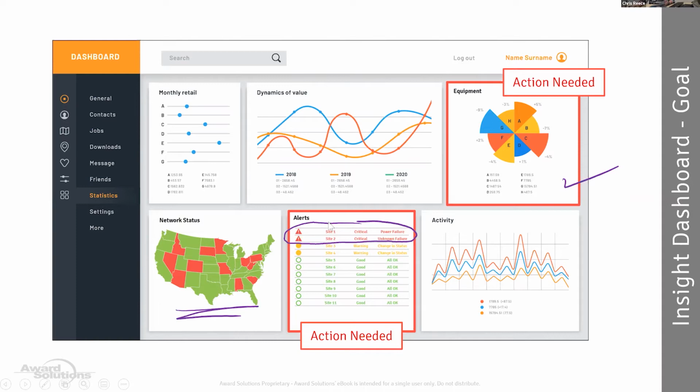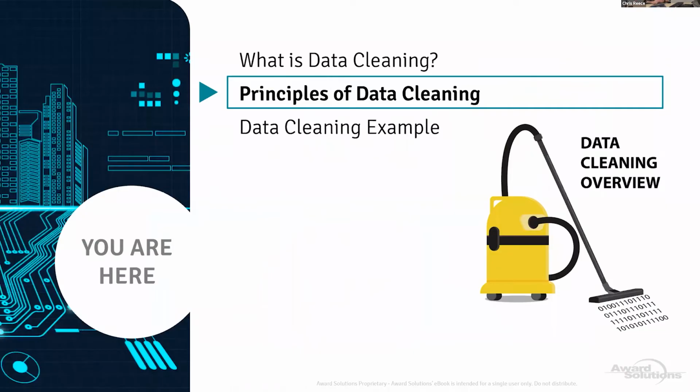So data cleaning is needed so that I can pull all of this data from all of these different sources, merge it together into something that's going to allow me to visualize it and then take some actions. And that is data cleaning in a nutshell.